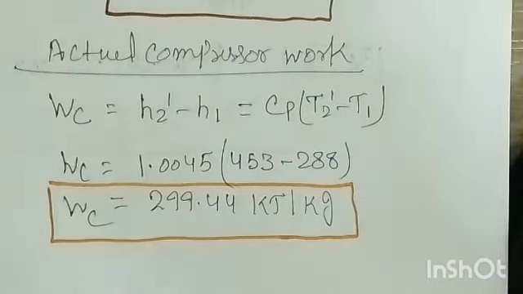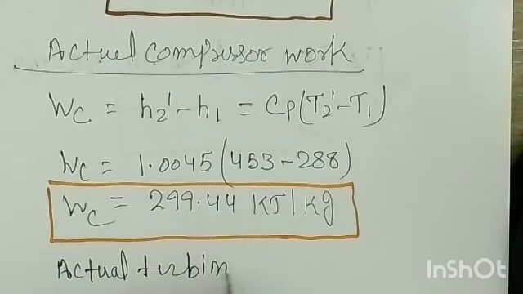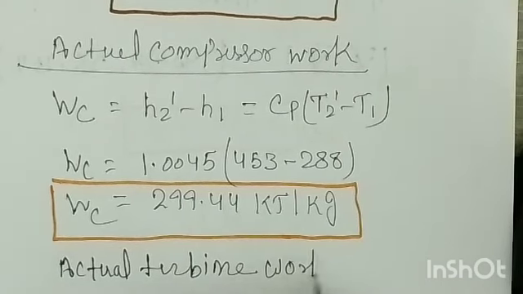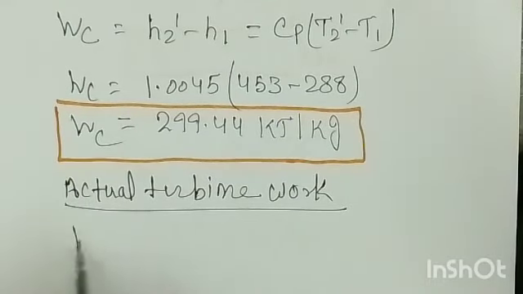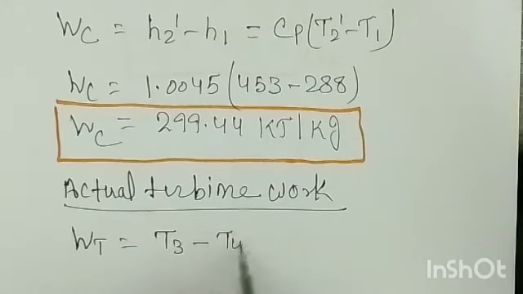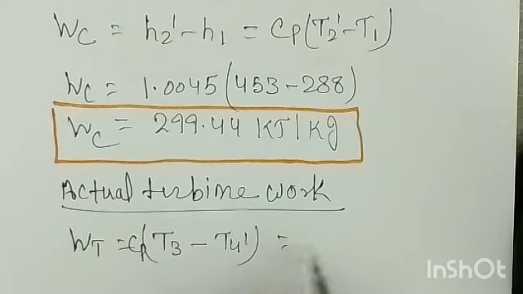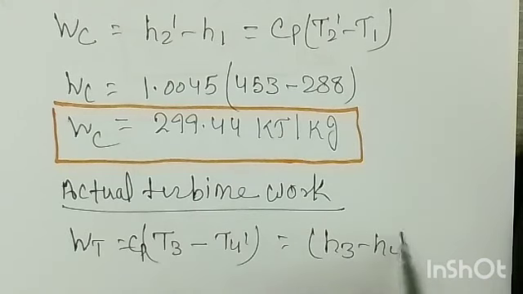Now we'll find the actual turbine work. Turbine work, 3 to 4, WT is equal to Cp into (T3 minus T4 dash). In terms of enthalpy, it is H3 minus H4 dash.